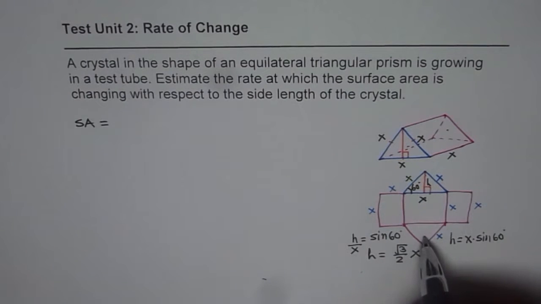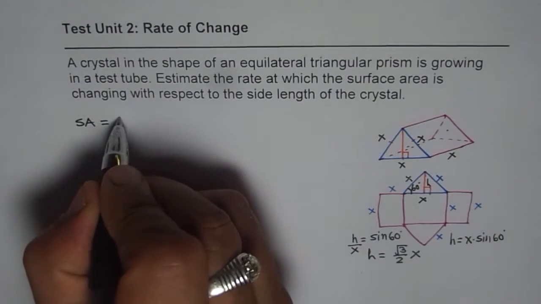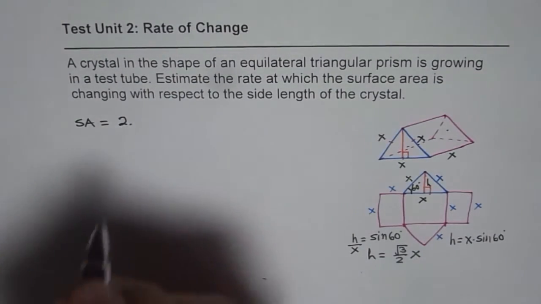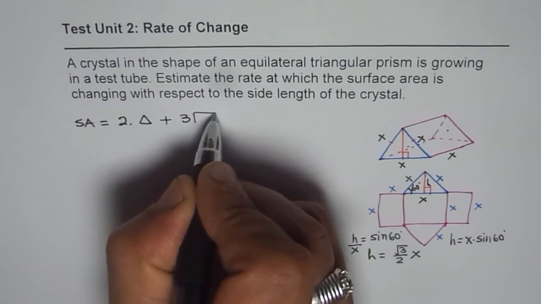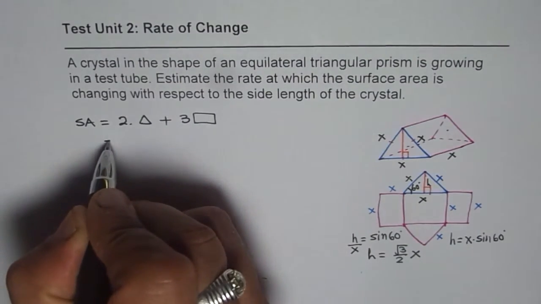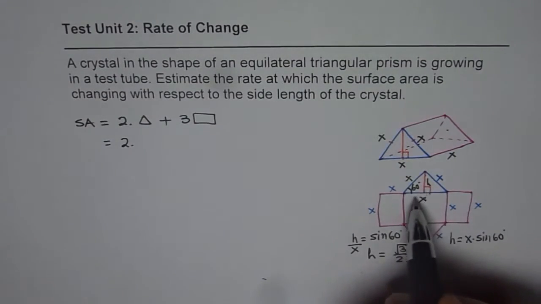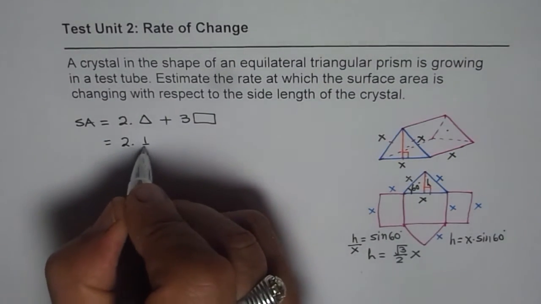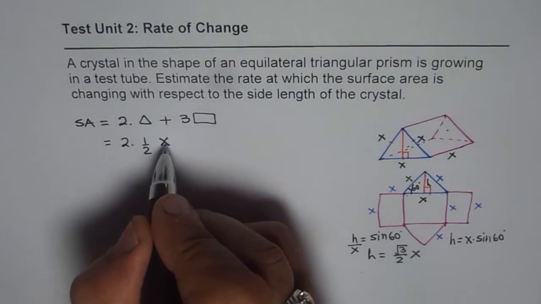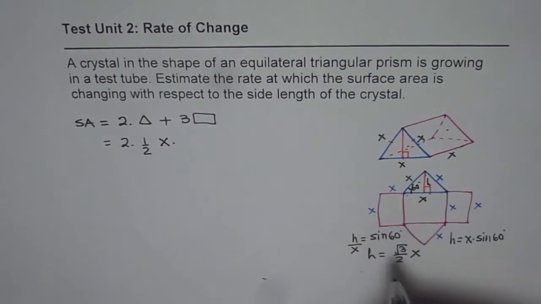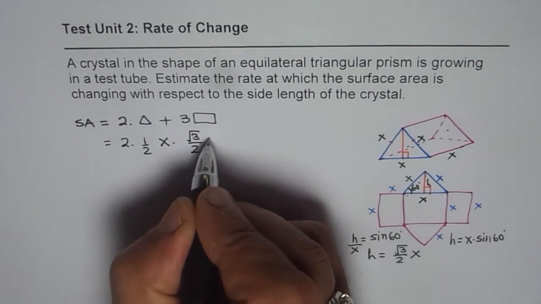Now we have two of such triangles. So area of the triangle, we have two triangles. Let me write first two triangles plus three rectangles. Okay, let's continue. 2 times area of the triangle is half base, in this case x, times height h, which is square root 3 over 2 x.